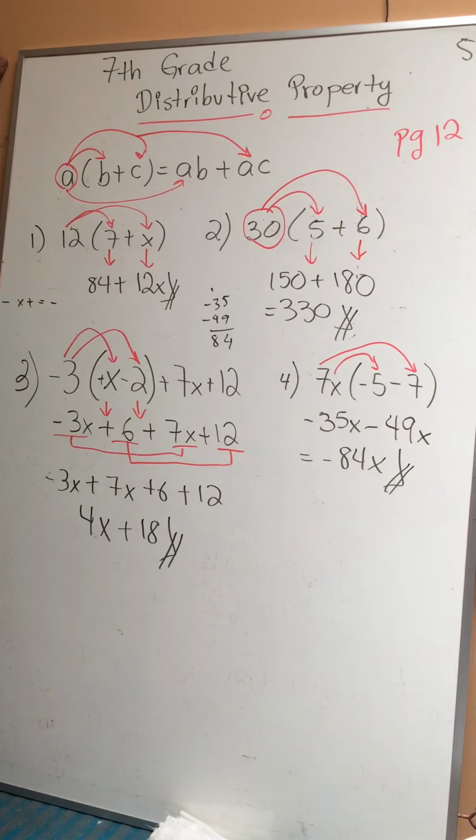Positive times positive is positive. Negative times positive is negative. And positive times negative is negative. You can find more of these types of exercises on page 12, and I will leave a link under this video for more exercises that you have to turn in as part of your accumulative points.